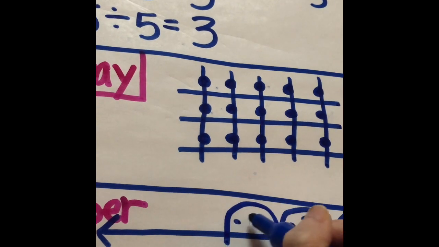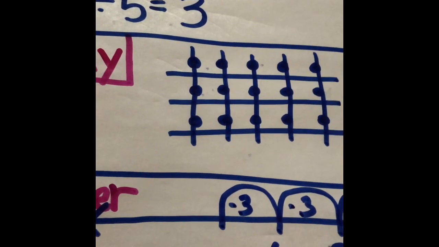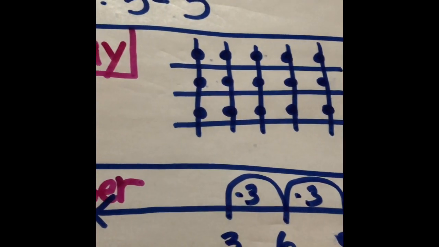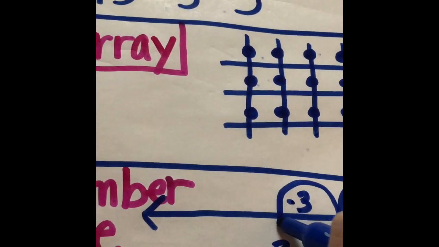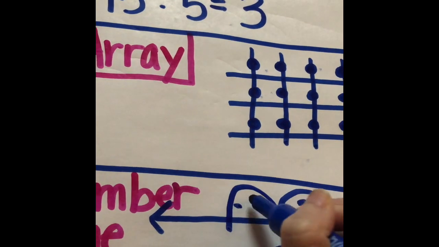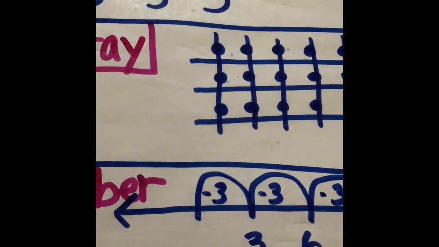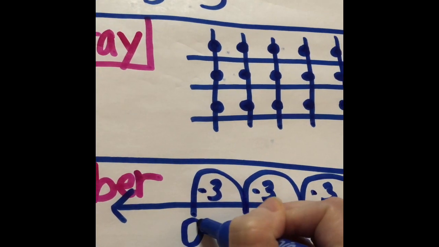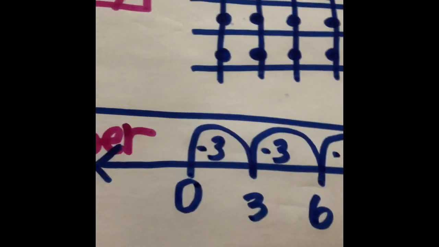Another hop, minus 3. 6 minus 3 is 3. And then another hop, minus 3: 3 minus 3. That's right, it's 0. That means I get to stop because I got to 0.